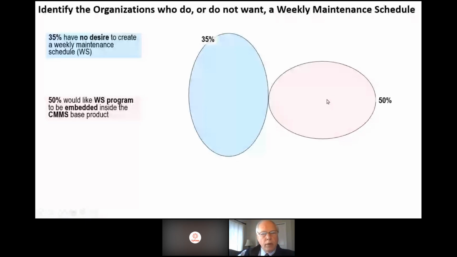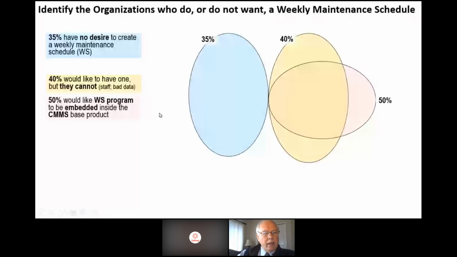And I hope some of those people are on the call today because I'm going to identify how to do this. Now, 40% would like to have one, but they cannot because their staffing is, maybe they don't have any planners. Hard to believe. Some sites are so small they don't have it. Or they do have 1 or 2 planners, but quite frankly, they are being used for reactive maintenance or whatever.